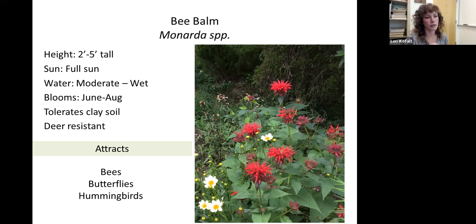So this cultivar is red. Not all bee balm is. You'll find pink, or purple, not blue. It tolerates wet soil well. This particular one is resistant to powdery mildew, so that's a good choice if you do have wet soil, but it can tolerate some dryness too.